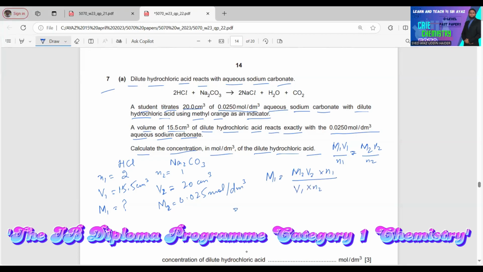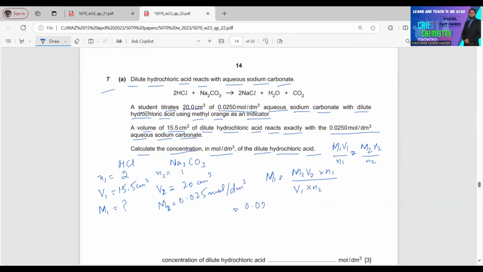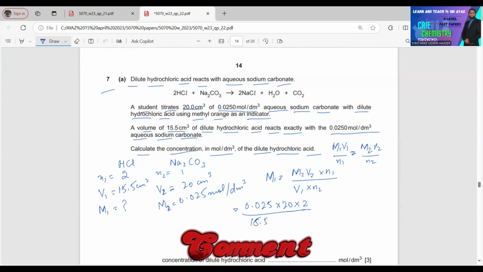Placing all the values, M2 is provided, which is 0.025. Sorry, there's a mistake in this. M2 is 0.025 and V2 is also provided, which is 20 centimeter cube. N1 is 2 moles. V1 is the volume of hydrochloric acid, which is 15.5. And the number of moles for Na2CO3 is 1.